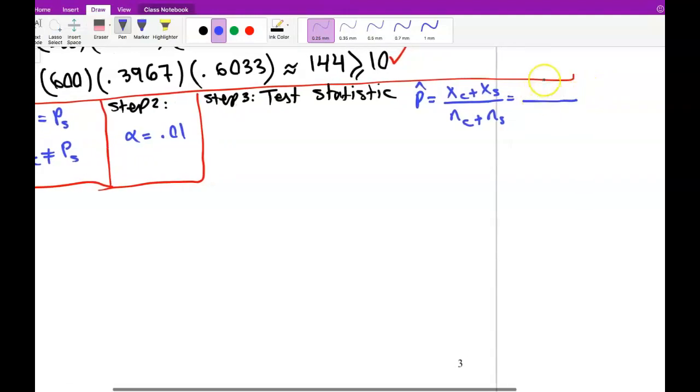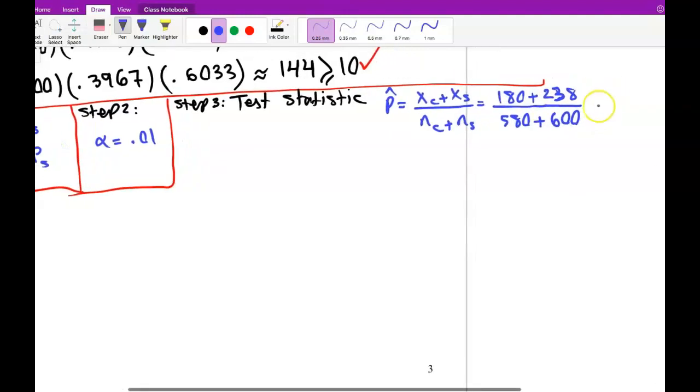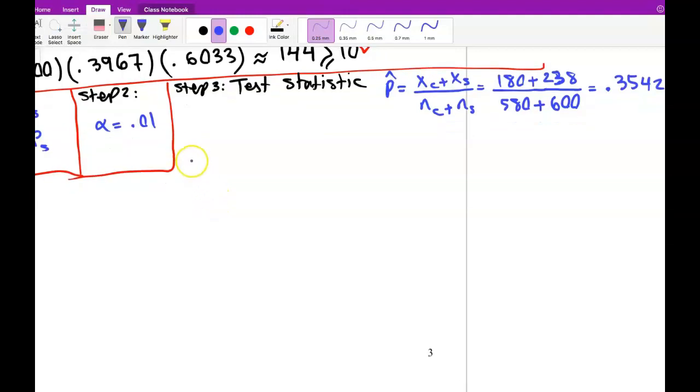For x, we have 180 plus 238, divided by 580 plus 600. Okay, the answer is 0.3542. Then finding z.